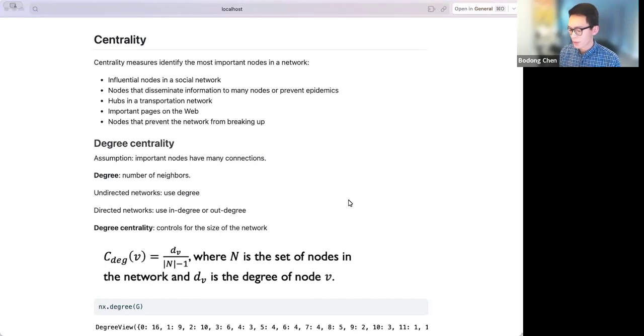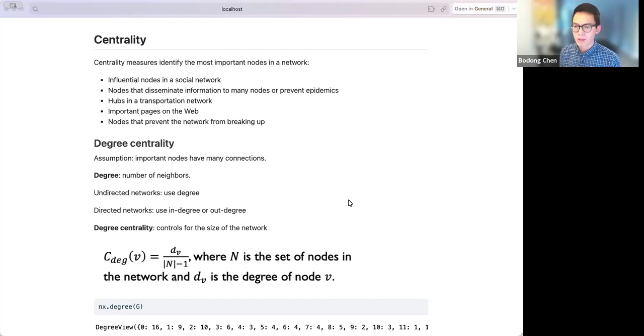We can also think about important pages on the web, which is actually what the Google search engine was built on, which is how to define the most important pages in order to return the most important links to the user. And also nodes that prevent the network from breaking down.